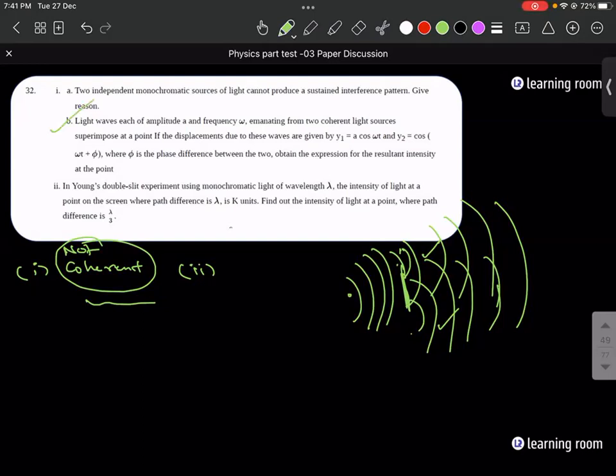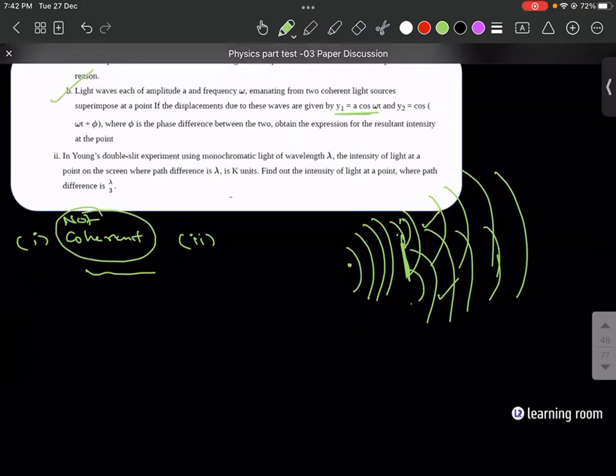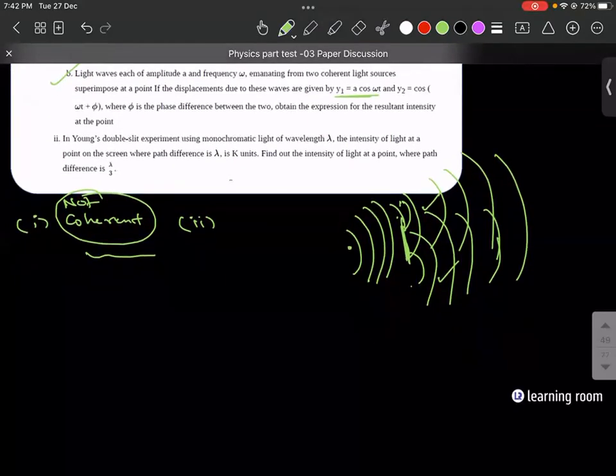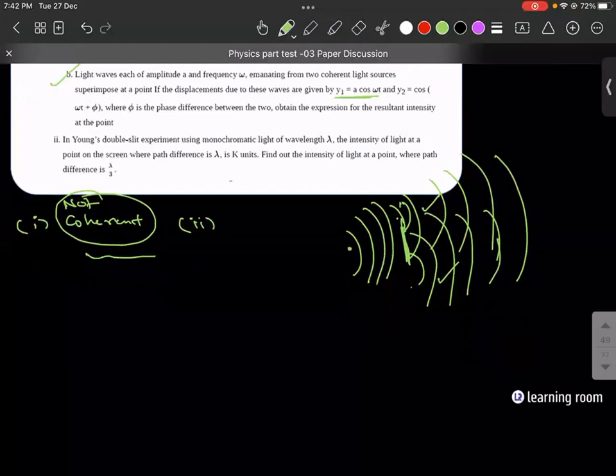Light waves, each of amplitude a and frequency omega, emanating from two coherent sources of light, superpose. The displacements of the two waves are y1 equal to a cos omega t and y2 equal to a cos (omega t plus phi), where phi is the phase difference between the two. Obtain the expression for the resultant intensity at a point.